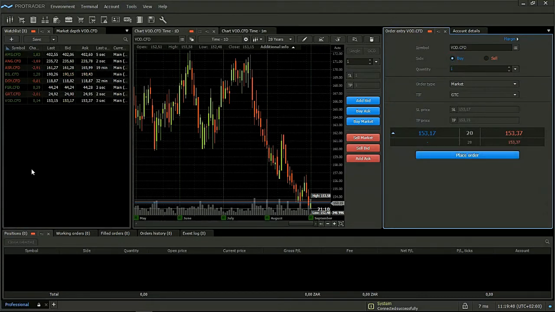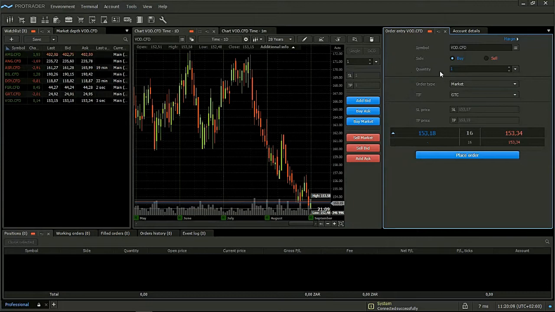If I select buy, it means I'm going long, or in simple terms, you predict that there will be a rise in price of the share and you want to profit from the rise in the share price. If I select sell, it means I'm going short, or in simple terms, you predict that the price of the share is going to fall and you want to profit from the fall in the share price.